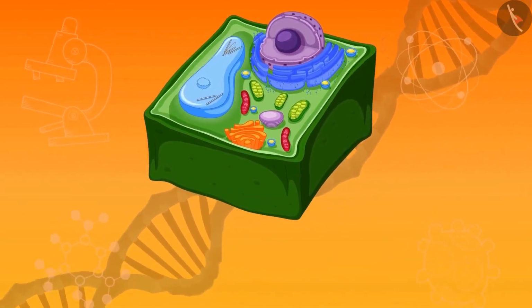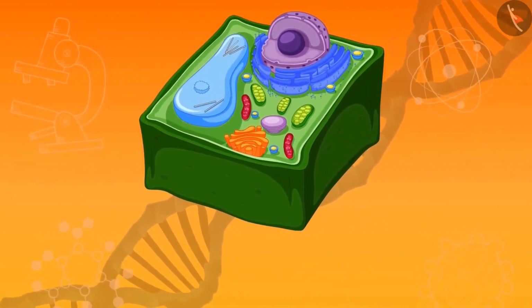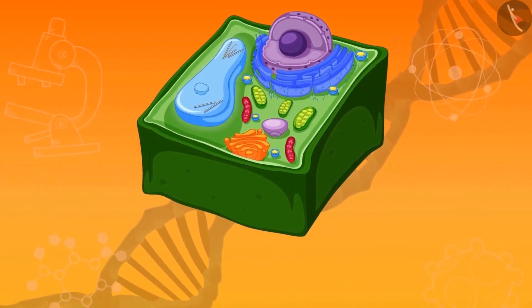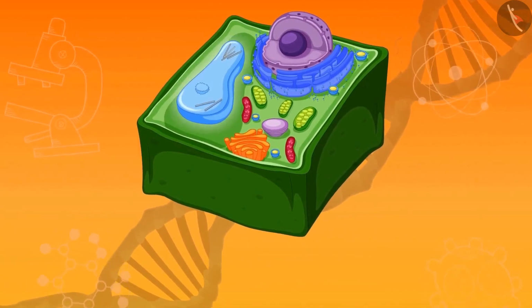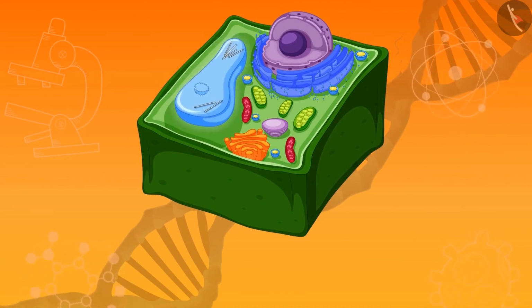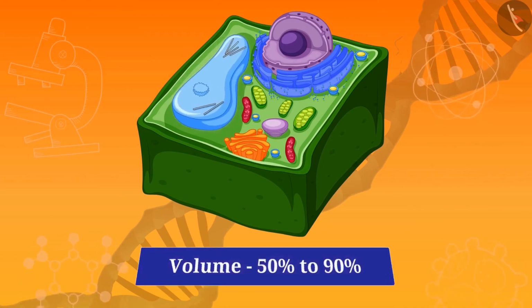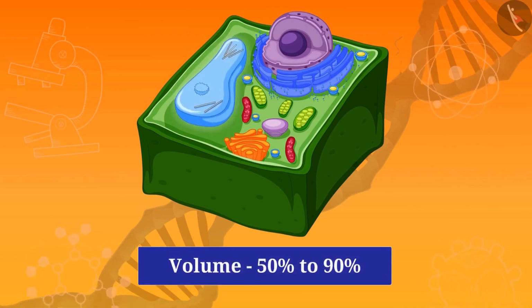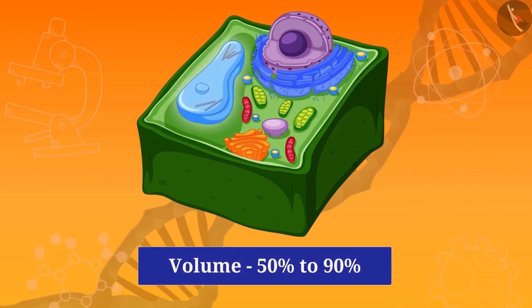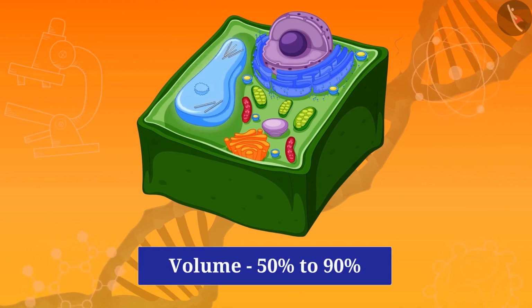Do you know, guys? Their size is small in the animal cell, whereas in the plant cell, vacuoles are very large. Friends, you will be surprised to know that in some plant cells, their measurement is from 50% to 90% of the volume of the cell, because of which the nucleus is near the plasma membrane.